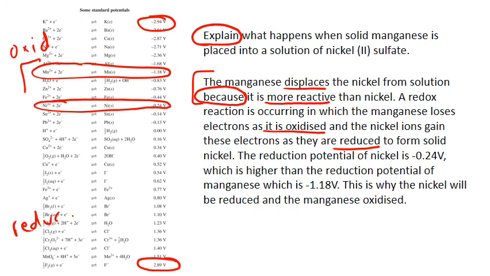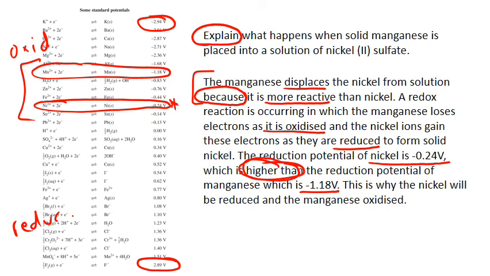I want to refer to this table here. The reduction potential of nickel is minus 0.24 volts. That's from the table here, which is higher than the reduction potential of manganese, which is minus 1.18 volts. This is why the nickel will be reduced and the manganese oxidized. Now notice I've said it's higher when I've compared reduction potentials.